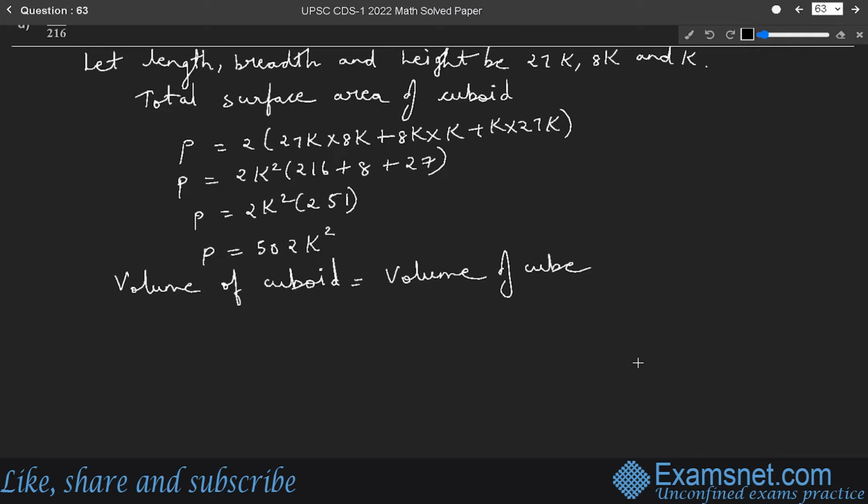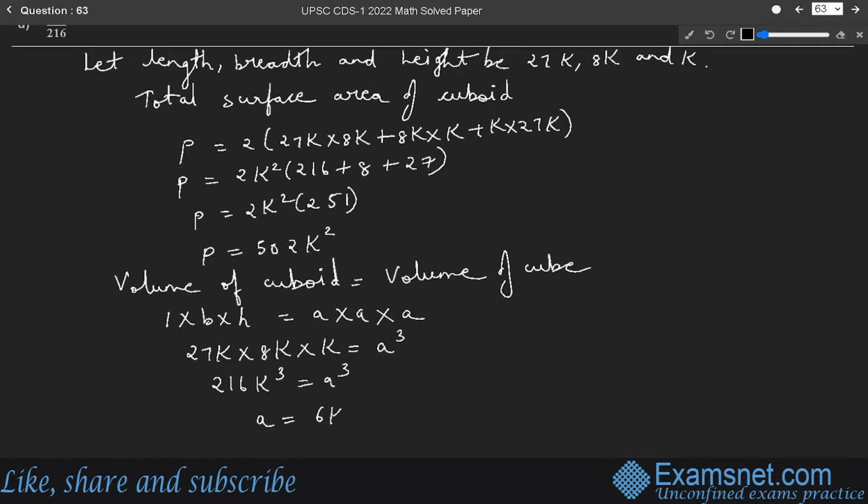So, length into breadth into height is equal to A into A into A. Volume of cube is A cube. Therefore, 27K into 8K into K is equal to A cube. Therefore, 216K cube is equal to A cube, or we can say that A is equal to 6K.